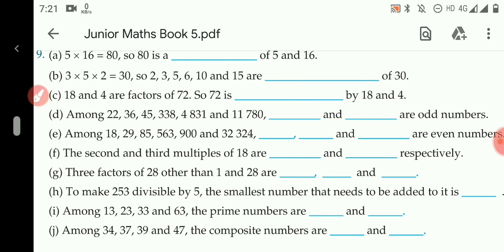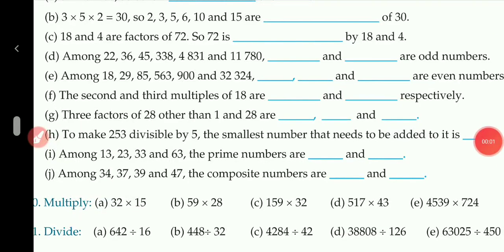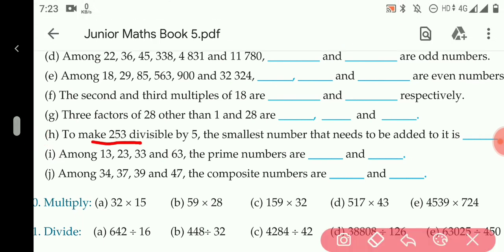So these numbers are 2, 7 and 14. In H part, to make 253 divisible by 5, the smallest number that needs to be added to it is dash. So to make it divisible by 5, the last digit should be 5. So to make 3 into 5, we have to add the number 2.